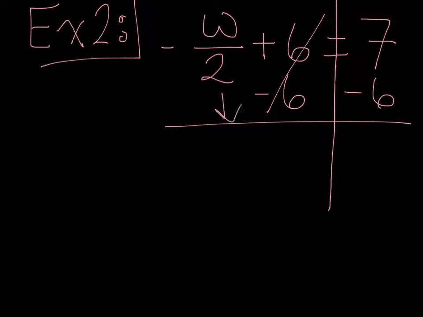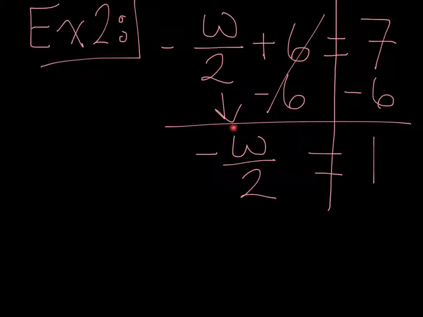I bring down what I have left, which is negative w over 2, and I get 1 on the right-hand side. Okay, so what I see on the left-hand side is that I'm still left with a couple of terms next to w. If you read this out loud, that would read w divided by 2, and the negative could come before.